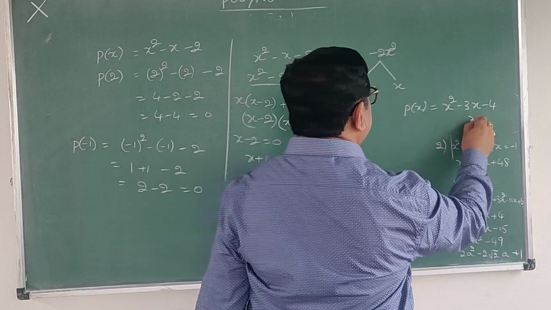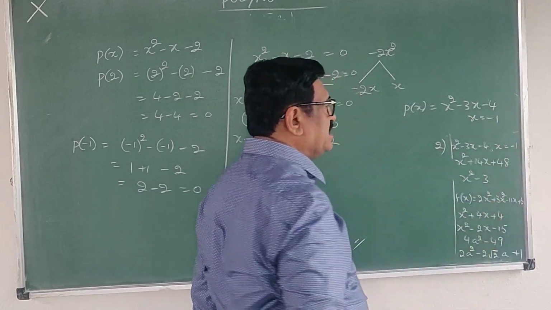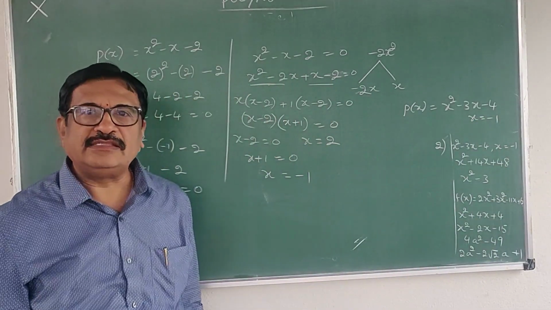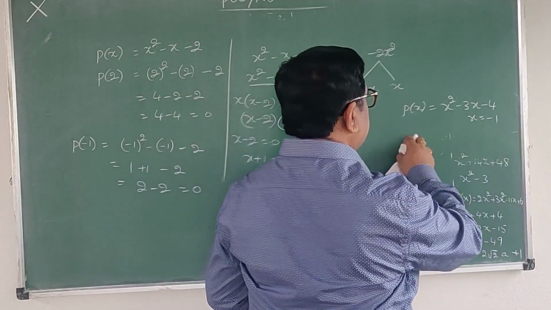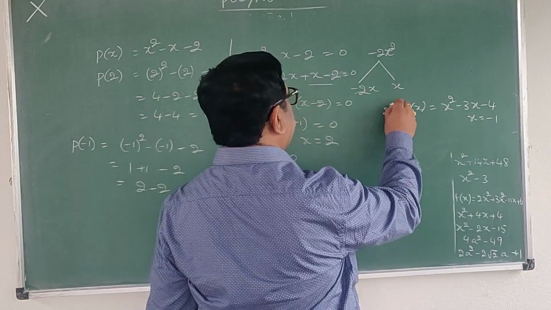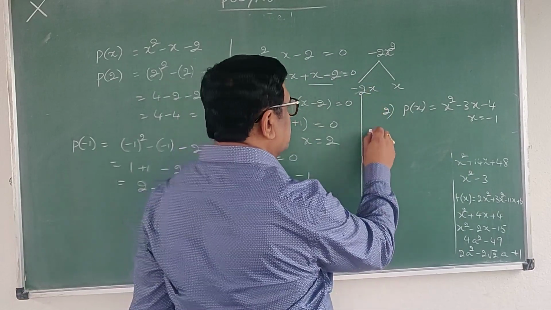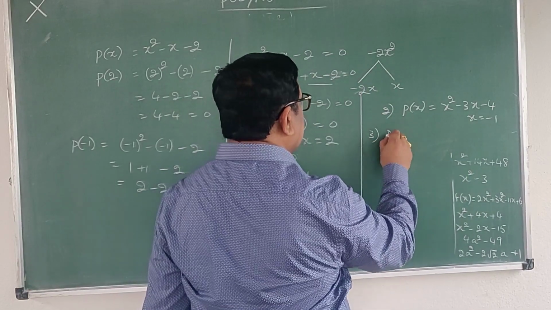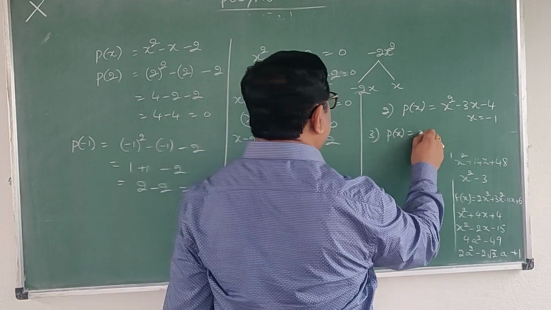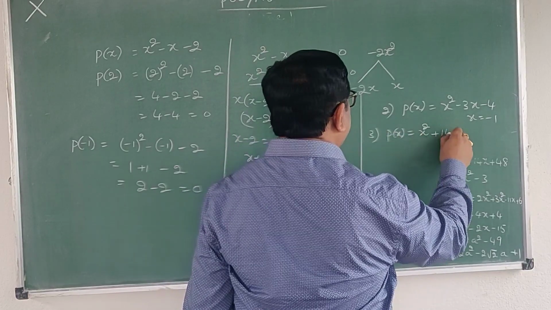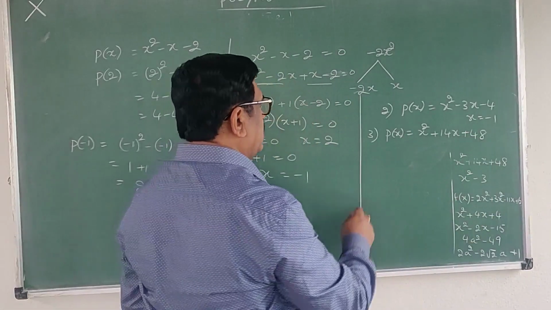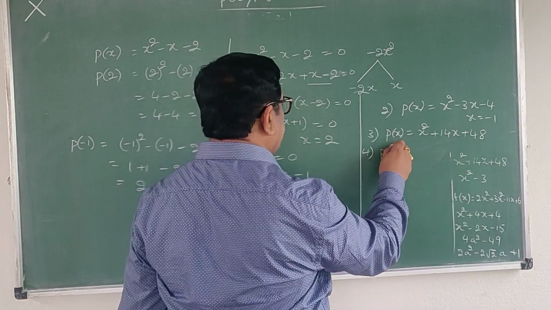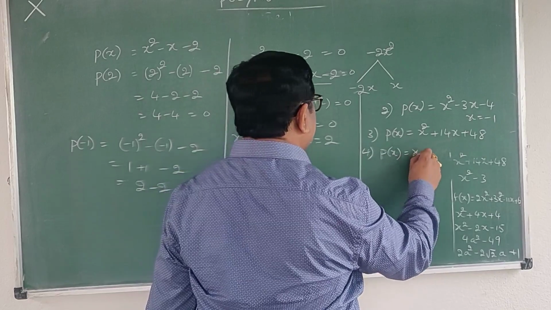Substitute minus 1 for x and see whether minus 1 is a zero of the given polynomial. This is the second sum for you to do. Third sum, p of x is equal to x squared plus 14x plus 48. Then fourth, p of x is equal to x squared minus 3.